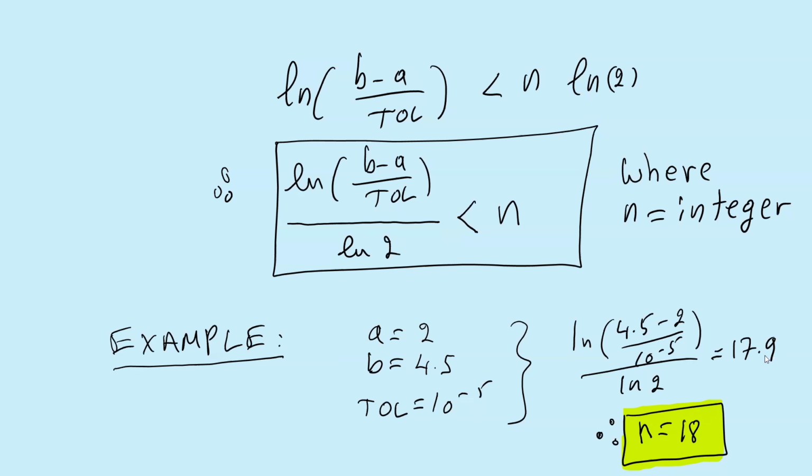For the number of iterations, we always have to round up our numbers. This means we need 18 iterations to find the root of the function by the bisection method within the given tolerance, which for this problem is 10 to the minus 5.